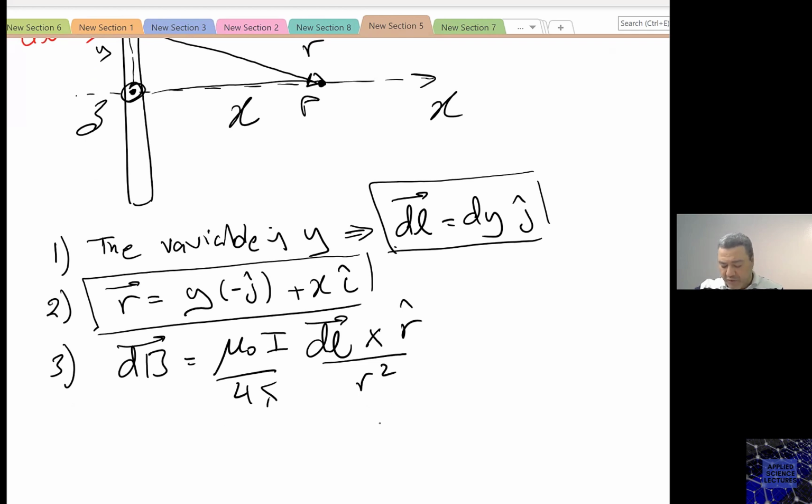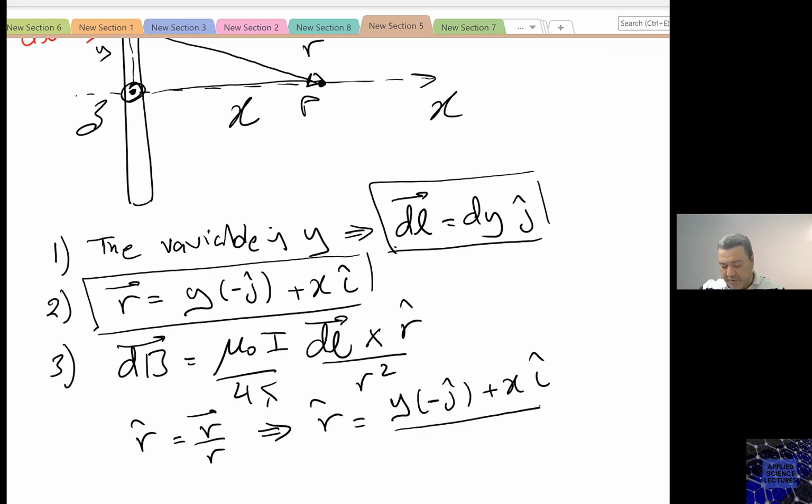Now, I know that r hat is the r vector divided by the magnitude, and I have found the r vector, then r hat is y minus j plus x i divided by r.